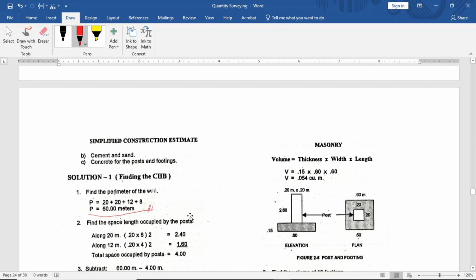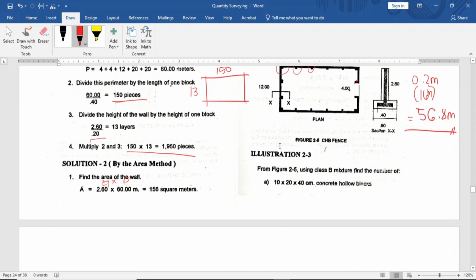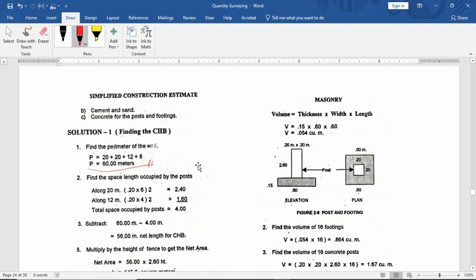So, along 20 meters, ito yun. 1, 2, 3, 4, 5, 6. So, meron tayong 6 columns doon.